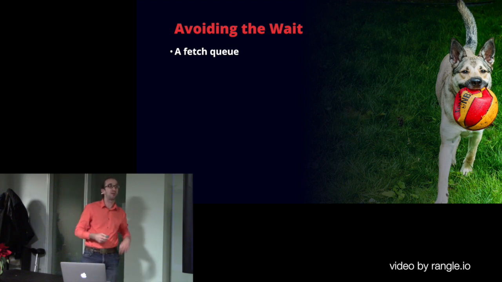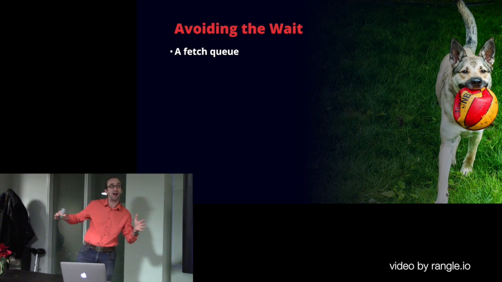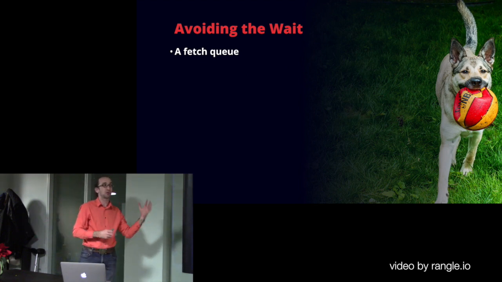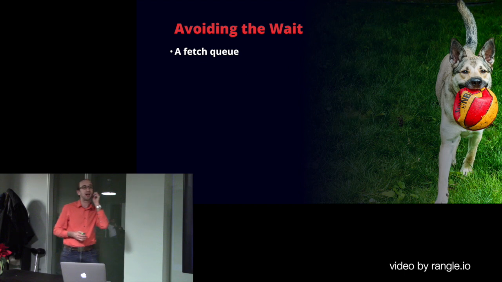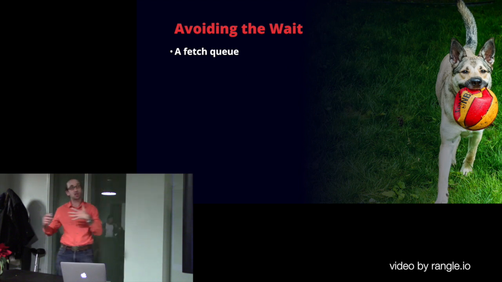So instead of waiting to ask the server for new data when we actually need it, we would maintain a queue of items that have come from the server that are ready to go. We found what seemed like a good number, maybe in the range of 50 to 100 items, so that when we scroll to the bottom and we want more items, we could reach in and immediately get them.